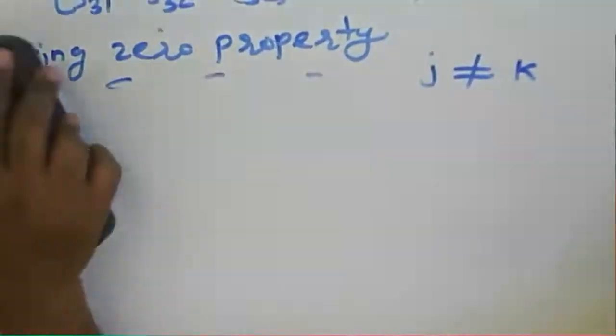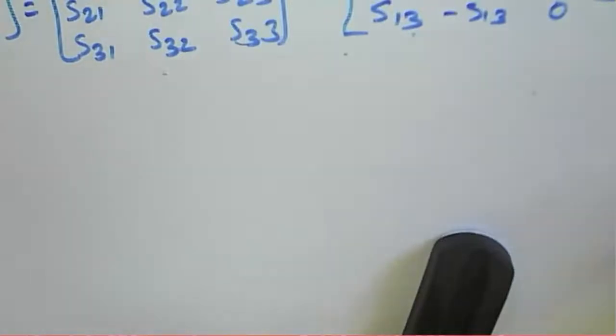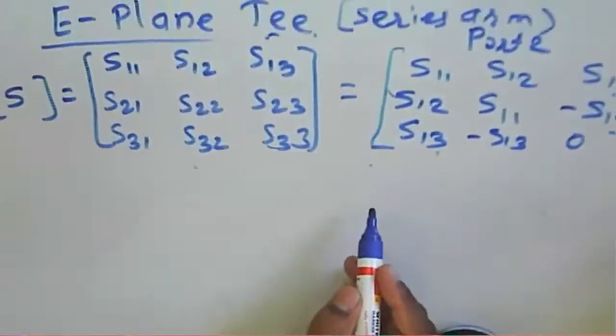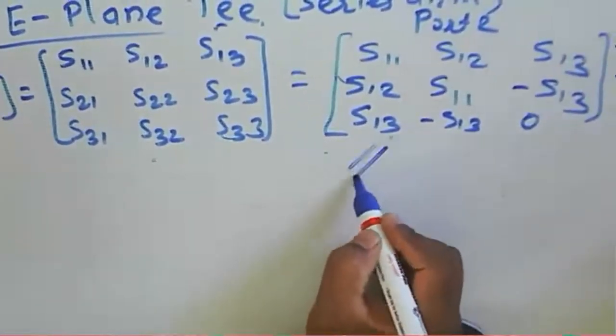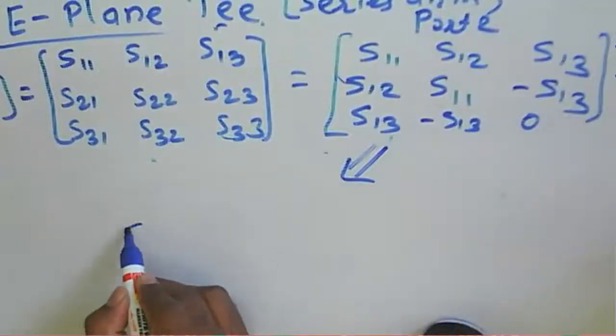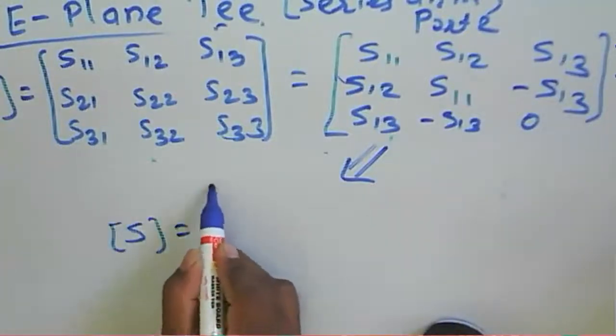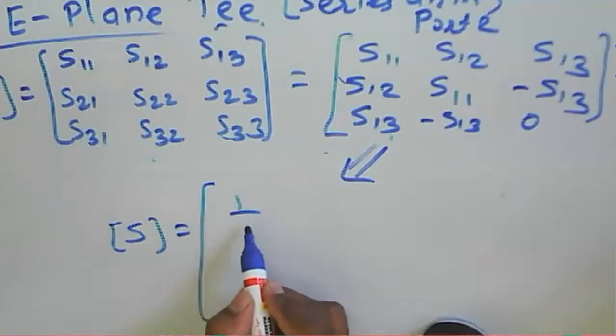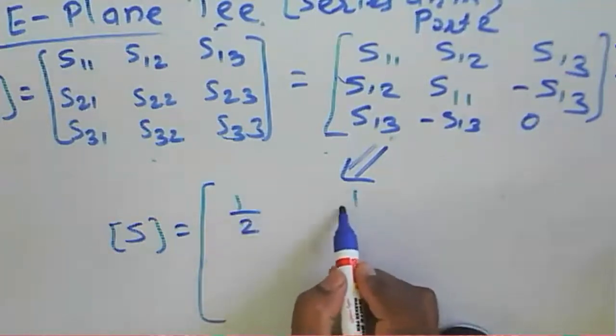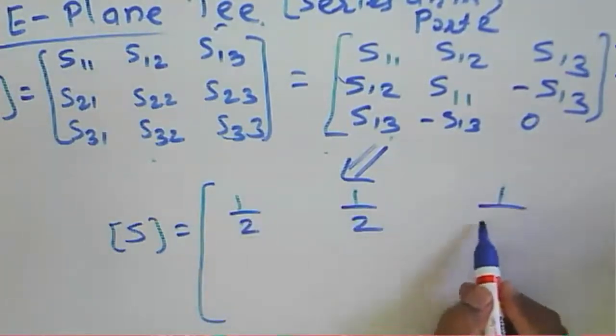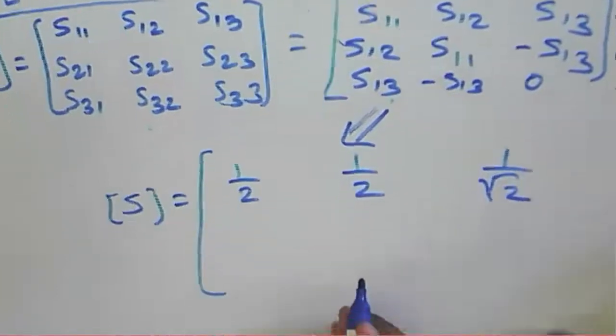Then we will write the S matrix again here for the E plane T. So this will be 1 by 2, 1 by 2, and this will be 1 by root 2.